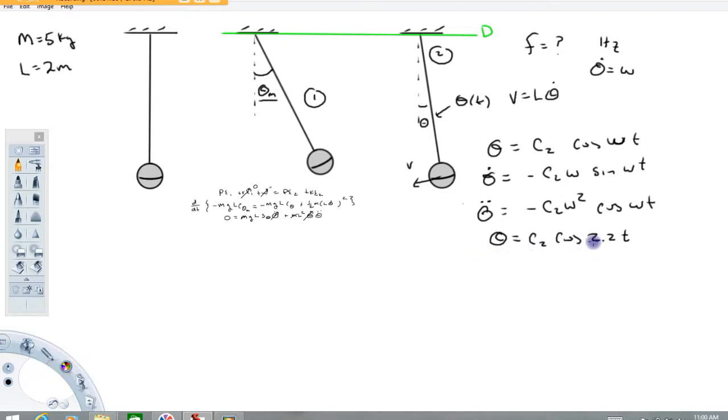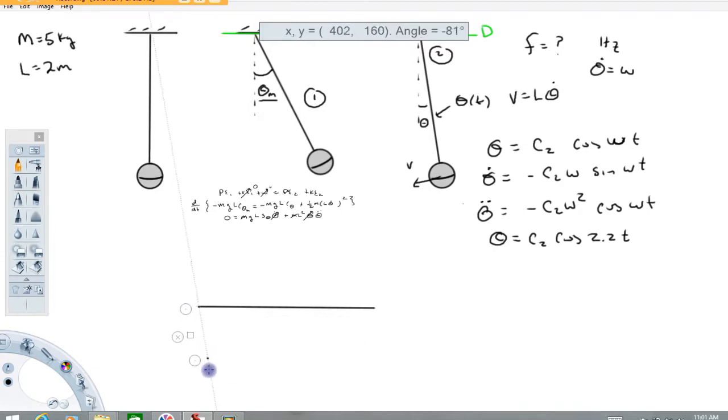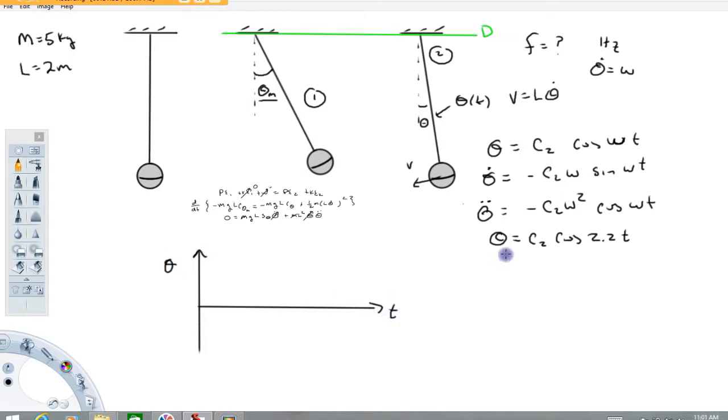All right, so now when I graph this, what we're looking at is a cosine wave. I wish my program here had a cosine wave generator. Theta against time. Standard cosine waves, this is going to look something like this.